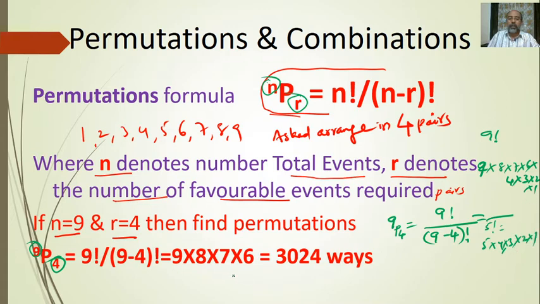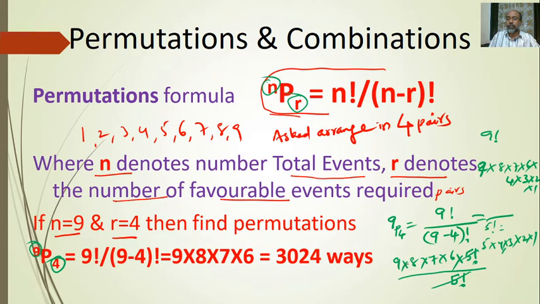So here we simply write 9 into 8 into 7 into 6 into 5 factorial. You write it in this way so that in the denominator there is a 5 factorial. Then we simply strike off the 5 factorial.